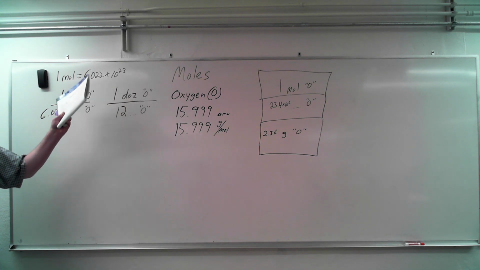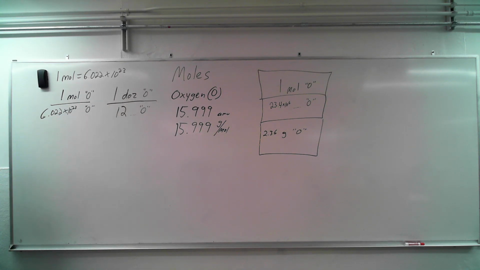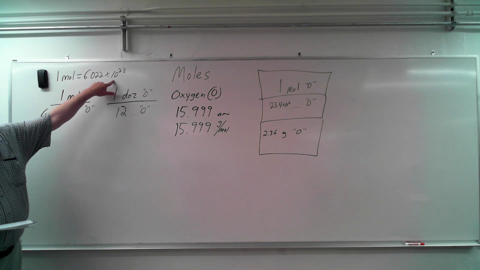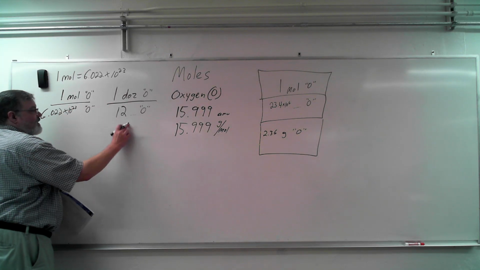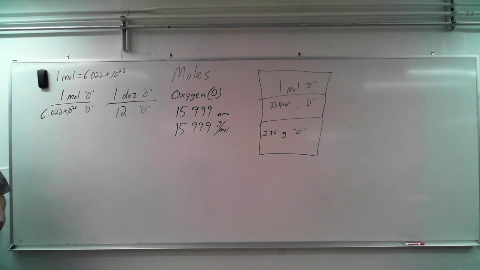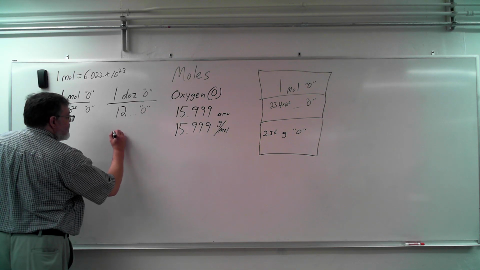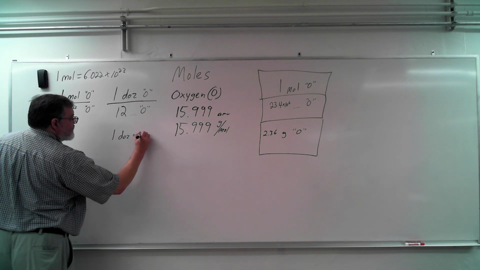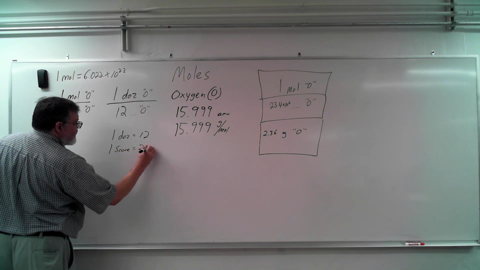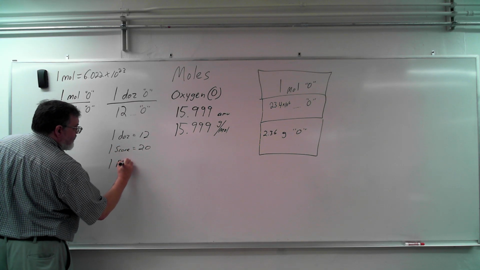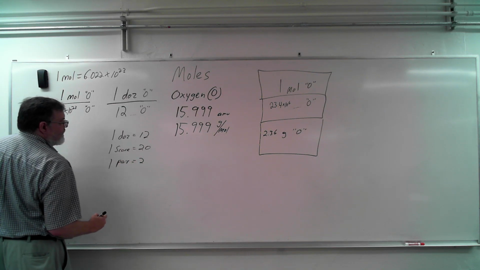Astronomers sometimes use this, talking about numbers of stars. I don't know if anybody goes around measuring grains of sand on a beach, but those are just problems you could use for this huge number. But what I'm trying to say is this and this are really exactly the same thing. I call them counting units. 1 dozen equals 12. 1 score equals 20. 1 pair equals 2.